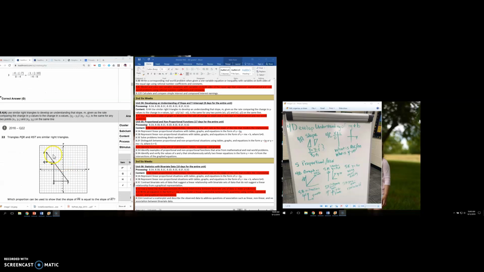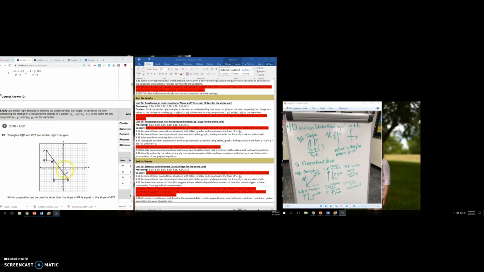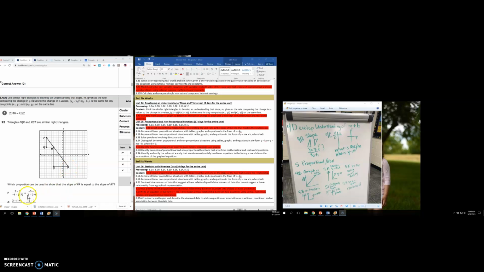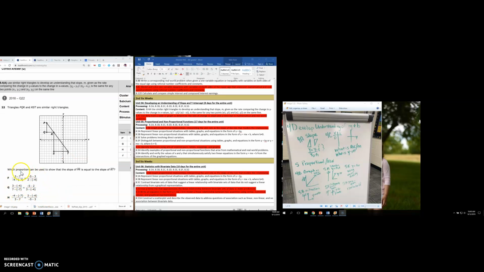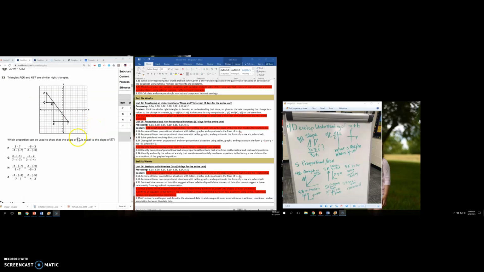So they need to be able to look at 2 points and say, okay, we are going to show that the difference in the y's over the differences in the x's is the same for these two similar right triangles. So that's what you're going to start out with.